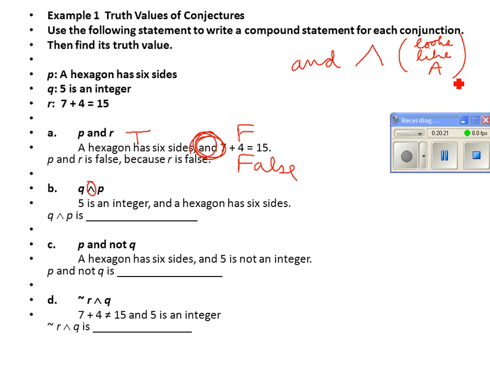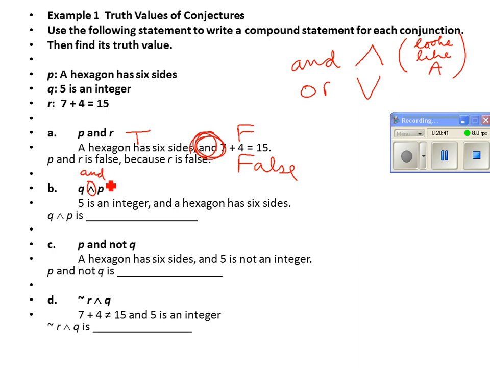When you have or, it's the actual V looking symbol. So what's this symbol again? And.